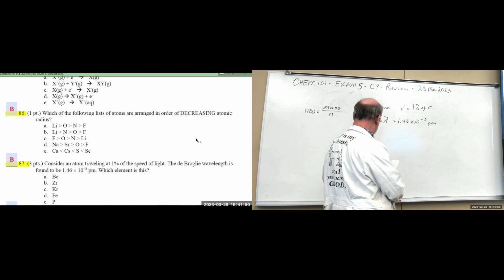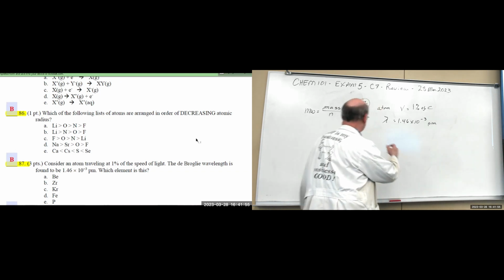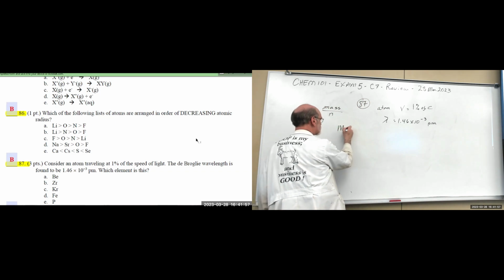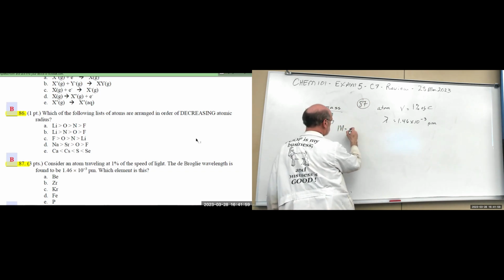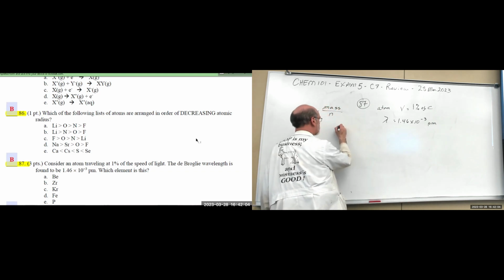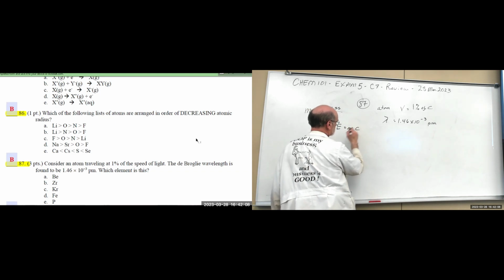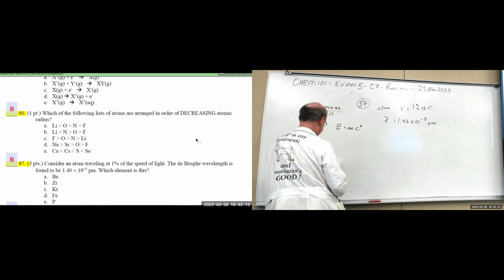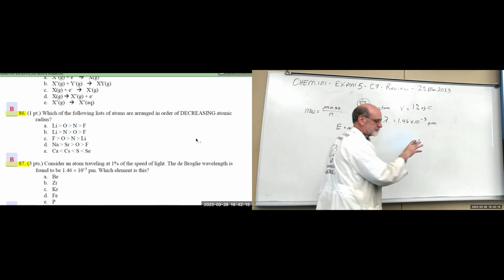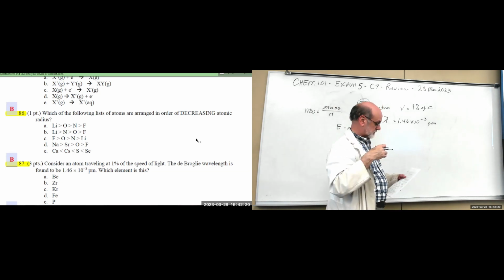So how are we going to get at mass? Well, Einstein said that energy is equal to mass times the speed of light squared. My mind's gone blank.